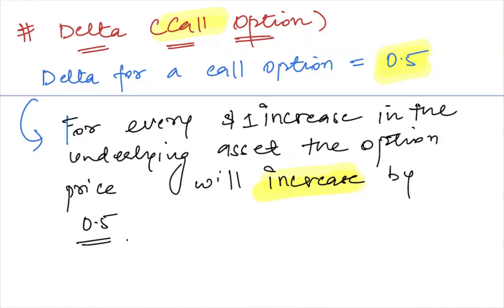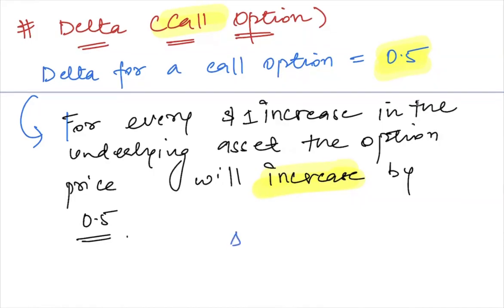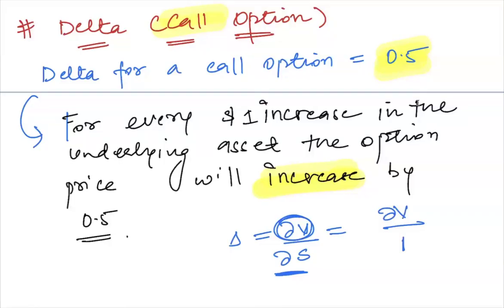So let's see with the help of an example. Delta is the change in option price with respect to the change in your underlying asset, right? The change in underlying asset is 1, and the change in option price is what we'll try to find out. Delta is 0.5, so the change in option price is $0.5.